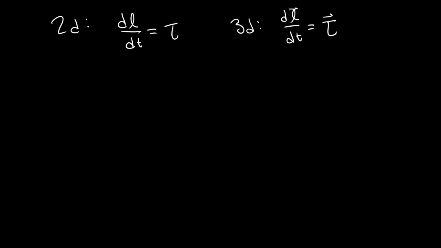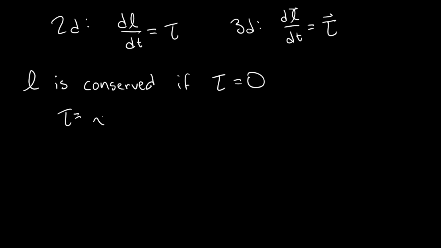Okay, so we want to find a conservation law from both of these. We can see that L is conserved only if tau equals 0. We know that tau equals the position cross F, the force applied, which means that there are two cases where this actually vanishes.